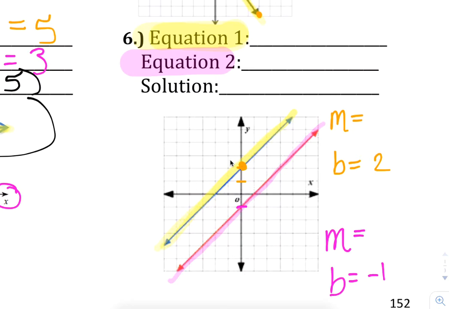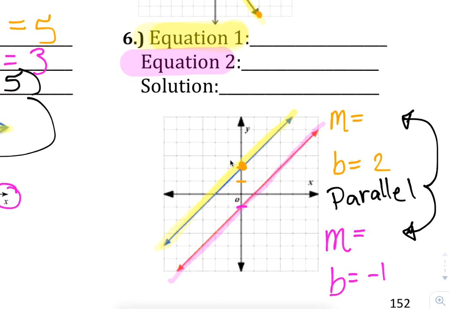Now, I notice that these two lines are parallel. So if they are parallel, I need to remember that the two slopes need to have the same numbers, okay? So if I can't find a perfect point on yellow, I could look at pink. All right, it looks like I see a perfect point here. We could do rise 2, run 2, which would make a 1.